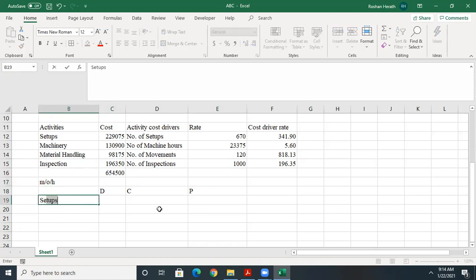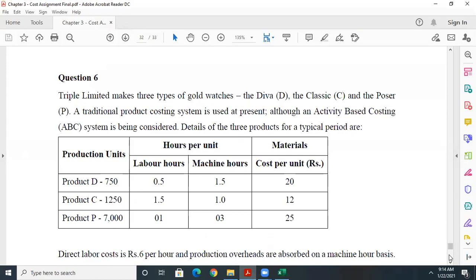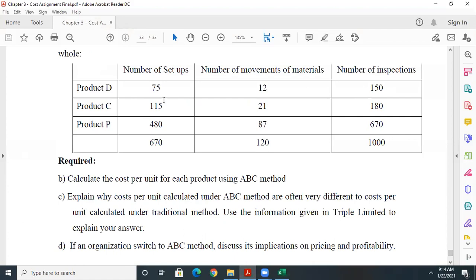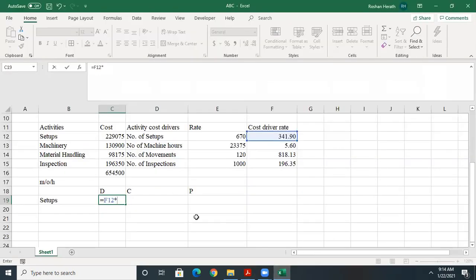Starting from the setups, per setup it's 341.9. How many setups were performed for product B? There were 75 setups performed.